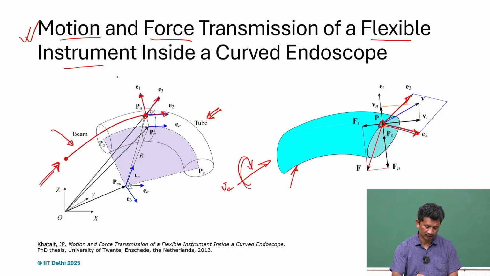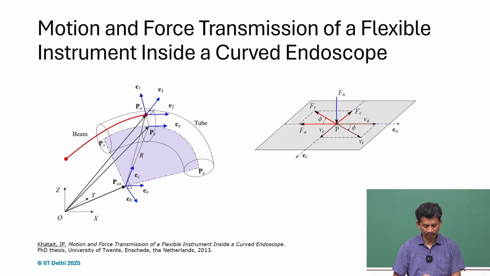Because of this there will be circumferential motions and then a normal, Vn, and ultimately this V and Vt defined, and the friction force is opposite to the resultant slip velocity that will be applied.